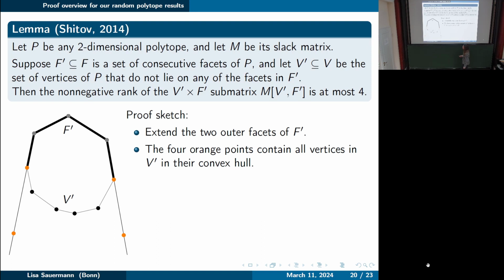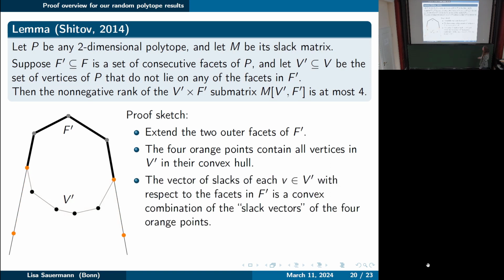Let's now take 4 orange points, namely that vertex, and those two very far away on those two rays, so that the convex hull of these 4 points contains all vertices in V prime. That's possible just by pulling those far enough so that it contains everything. Now the vector of slacks, or distances if you like, of each vertex v in V prime with respect to the facets in F prime is a convex combination of the respective vectors for the 4 orange points. For example, this point is some convex combination of the 4 orange points.